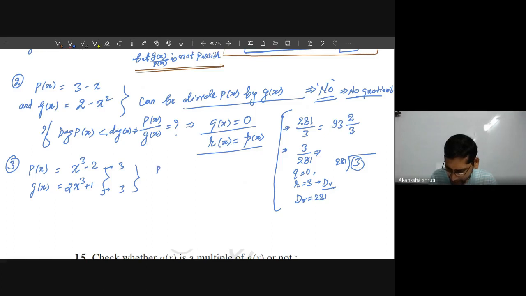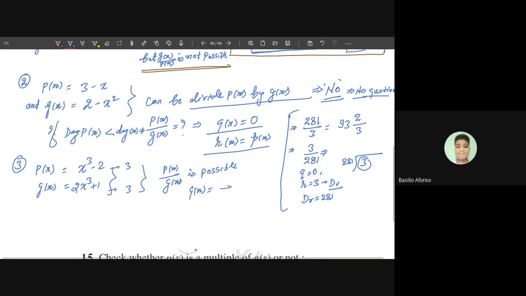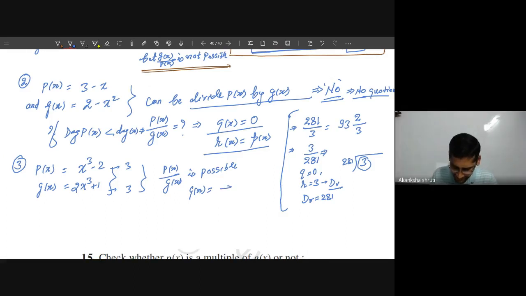This implies px by gx is possible. What will the quotient qx be? It can be calculated. It will not be 1, but it will be 1 by 2. Okay, that we will see. The remainder denoted by rx, because it contains x. That's why we are always associating R with x, Q with x, because it is a polynomial. So this will also have some value.